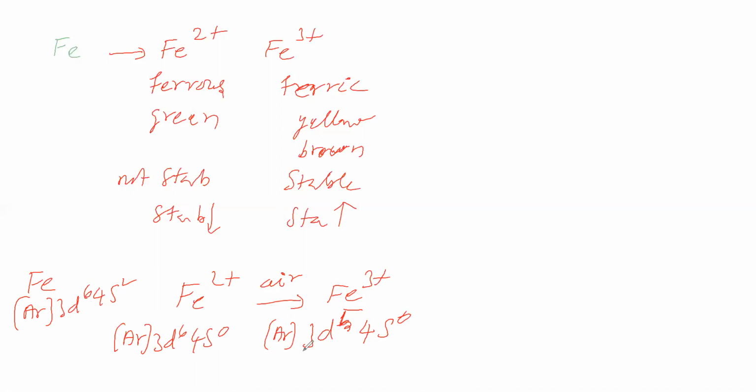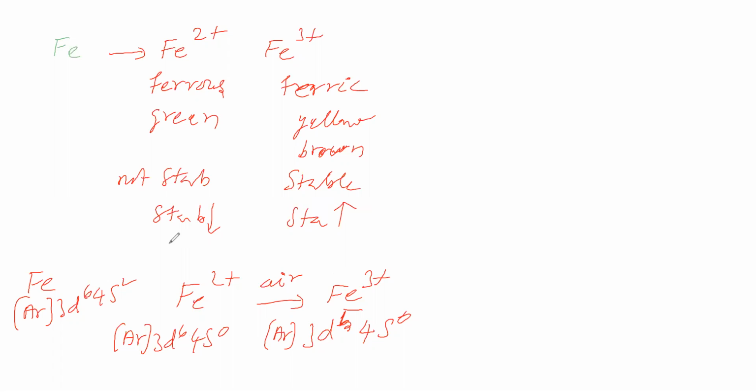Now, 3d5 is a half-filled configuration, and 3d6 is a partially filled configuration. Half-filled configuration has higher stability, therefore ferric has higher stability. Ferrous has 3d6, which is partially filled, meaning less stability. So ferrous salts have lower stability and ferric salts have higher stability.